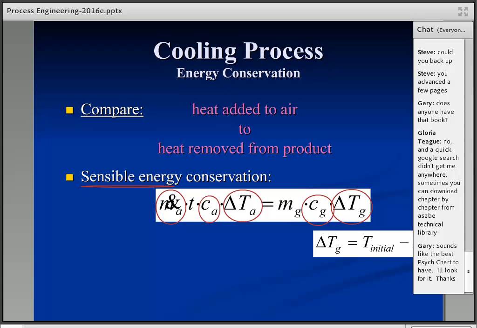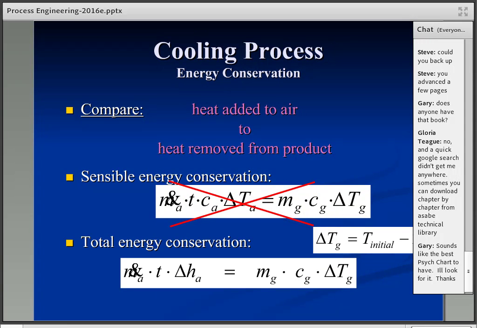But if you go on here, you can do a total energy balance. Instead of using temperature times specific heat capacity, you use an enthalpy. So the air will now have an enthalpy change to get total energy in the air. The grain equation hasn't changed because the temperature change of the grain is a sensible energy change process.